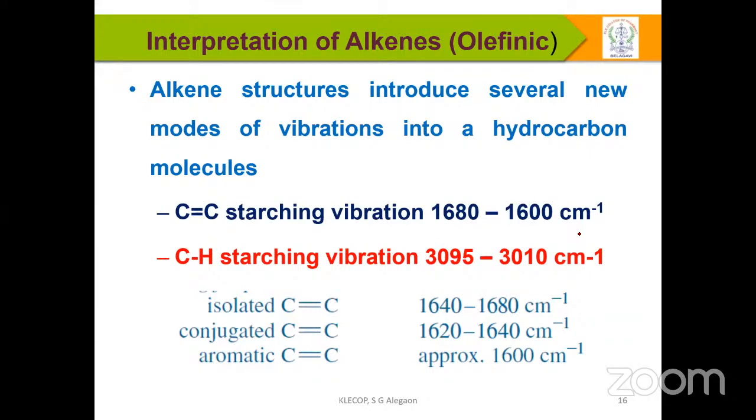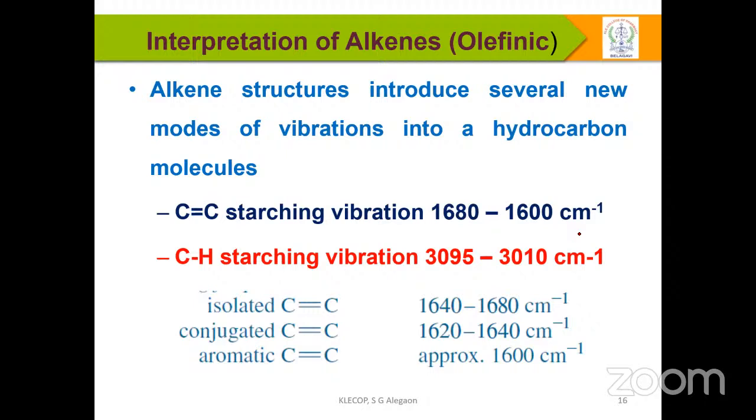Whereas in alkanes and branched alkanes, I'm going to get the CH stretch below 3000. Here I'm going to get somewhere from 3095 reciprocal centimeter to 3010 reciprocal centimeter. This is the major difference between alkene and alkane.